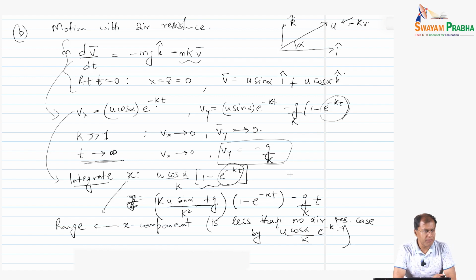Okay, so that completes our brief discussion regarding projectile motion, and in the next setup I am going to talk about the motion of a particle along a circle, or circular motion.